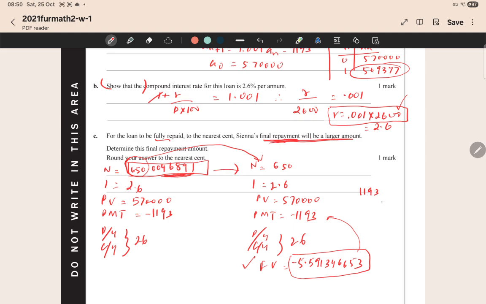So when we add 1193 plus 5.591346653, we get 1198.59, that is, $1198 and 59 cents. This is the final repayment, which will be a larger amount compared to 1193, your usual repayment.